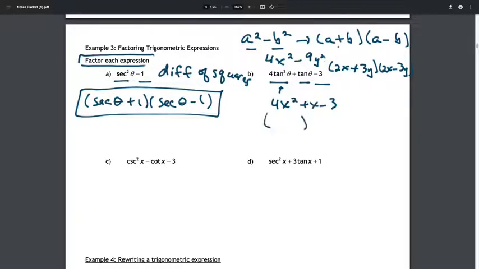A lot of times we would have used the big X. We would have multiplied our A and our C together and gotten negative 12, and then we're trying to add to be that middle term, which is 1. So two numbers we could choose are positive 4x and negative 3x. I'm sorry, multiply to be negative 12 and add to be positive 1.